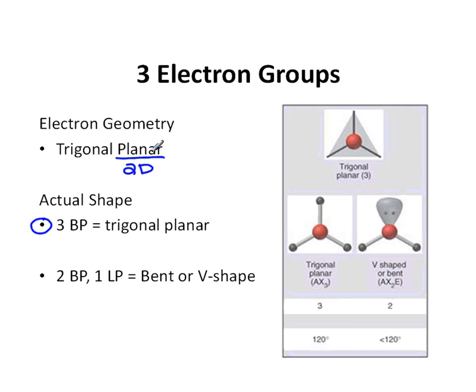But what if there's 2 bonded pairs and 1 lone pair? The actual shape name changes. It's often called bent or V-shape, or another one that you might see is angular. Any one of those are acceptable ways to describe the actual shape.